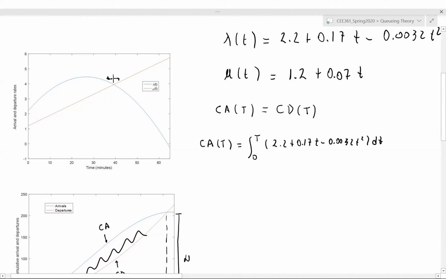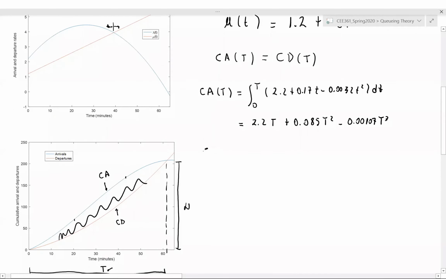So that is the integral, and it would be 2.2t plus 0.085 t squared minus 0.0017 t cubed. It's a cubic function now.